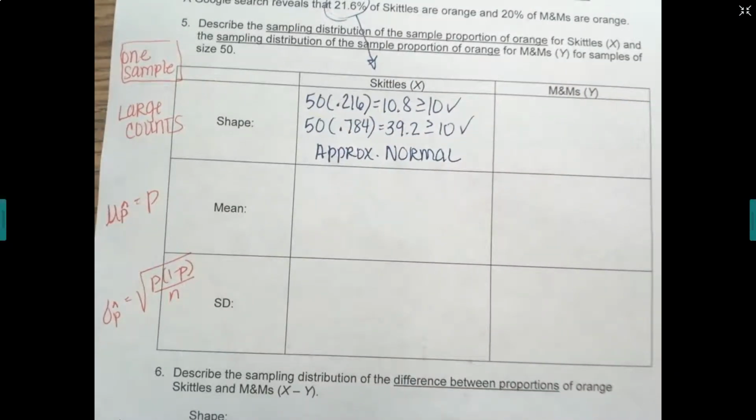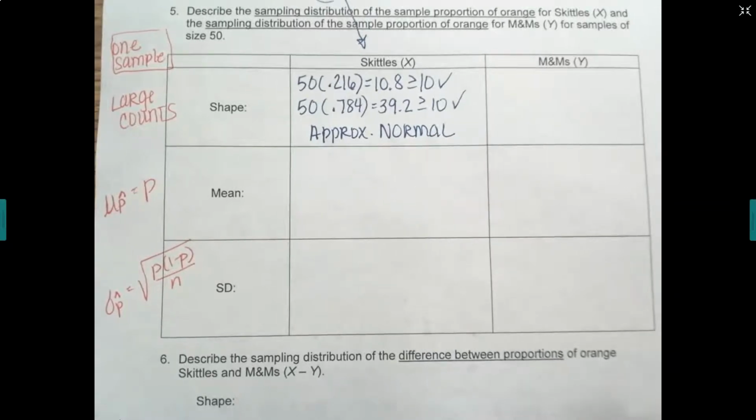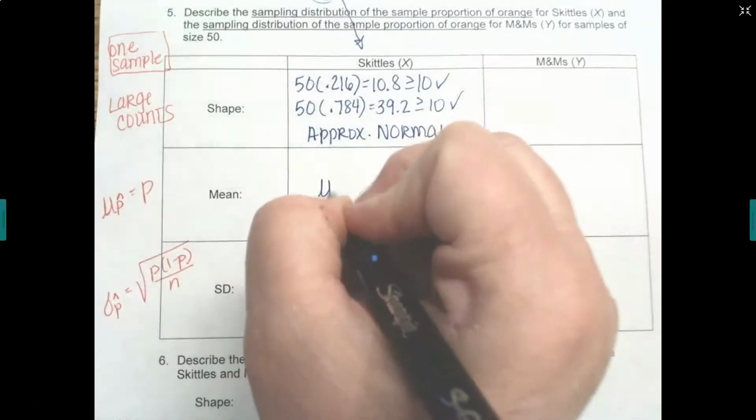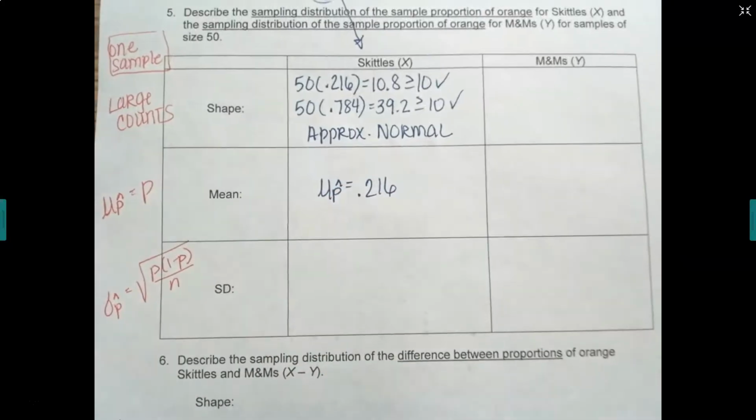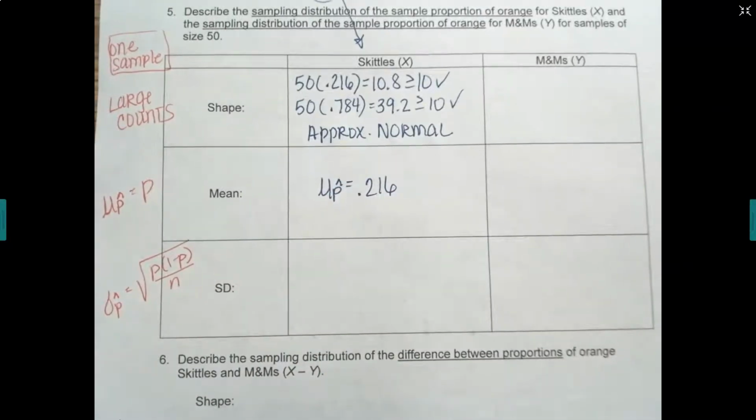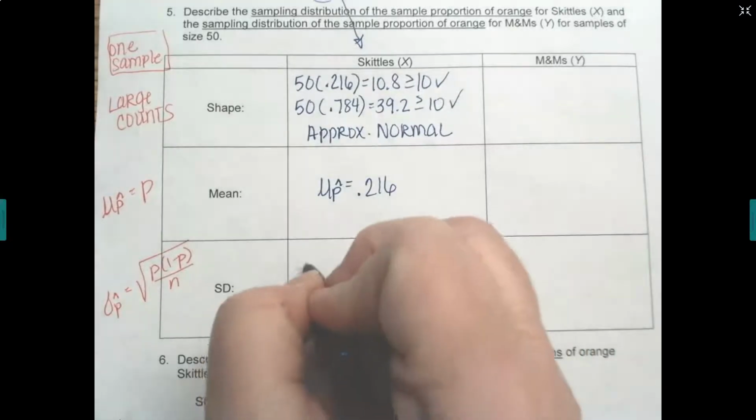So for our mean, the mean of the sampling distribution will be the same as the population proportion, and our population proportion is 0.216. Okay, and now the standard deviation.